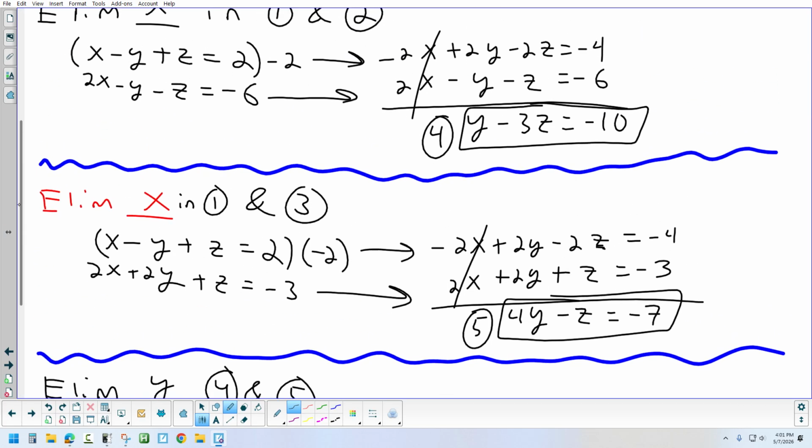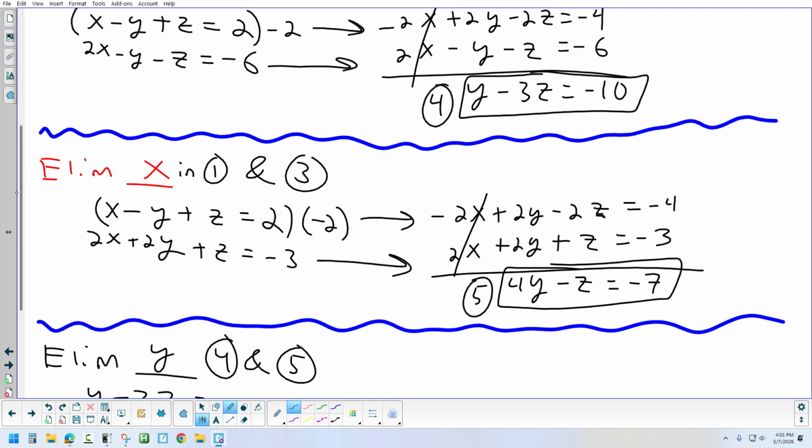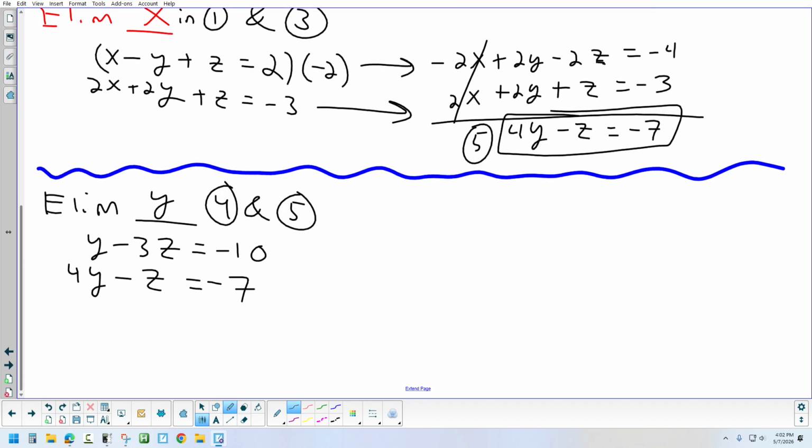So equation 4 is y minus 3z equals negative 10. And equation 5 is 4y minus z equals negative 7. How would you eliminate y? Multiply the top by negative 4.